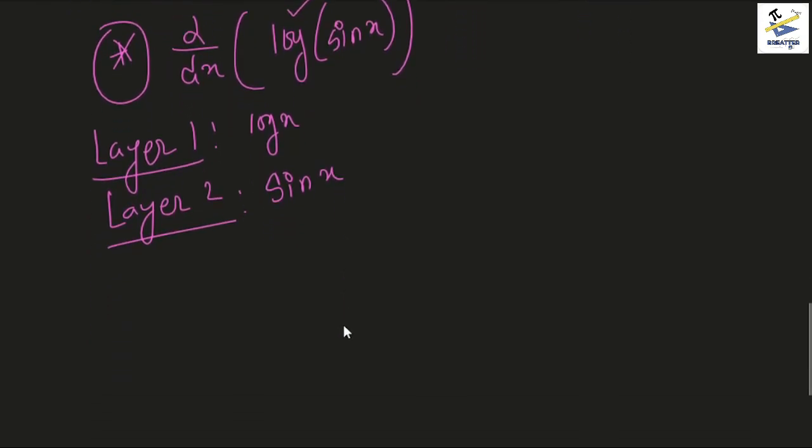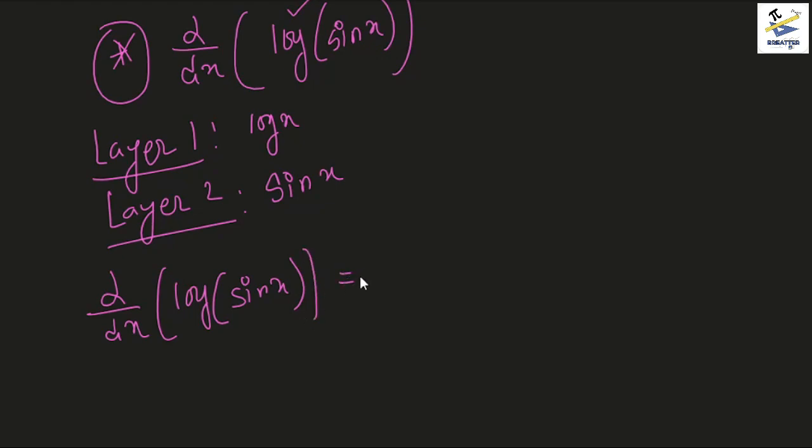Now, the answer can be written directly if we have that in mind, because we differentiate one by one, and we keep on doing that until we reach the inner bottom where x is present. So d/dx of log of sin x is simply equal to, firstly we do the d/dx of log x, which is 1 by sin x, and then we do the differentiation of sin x, which is cos x, right?